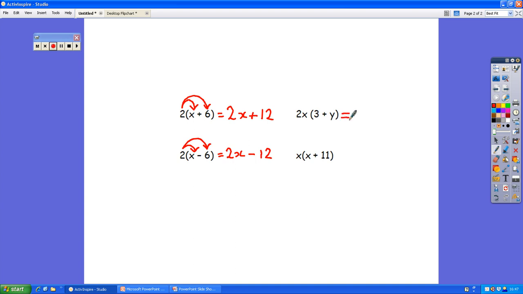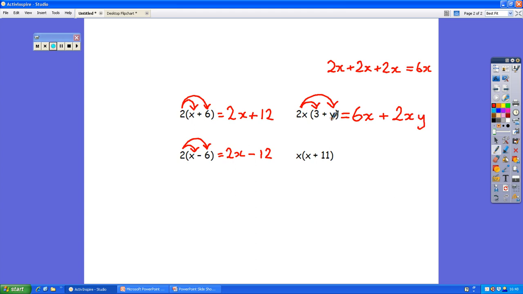Going on to some slightly more complicated ones, 2x times by 3, that's 6x, because it's 3 lots of 2x. So we've done the 2x times by 3. We also have to do the 2x times by y, which just equals 2xy.